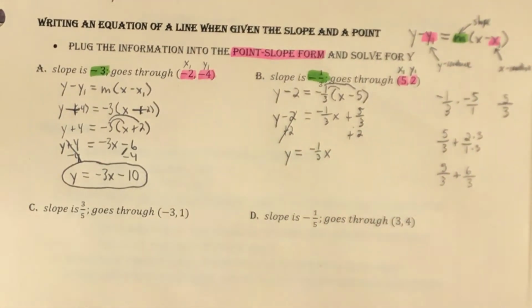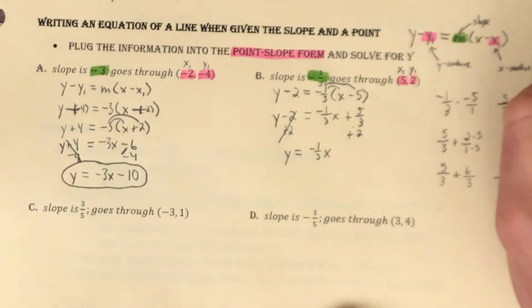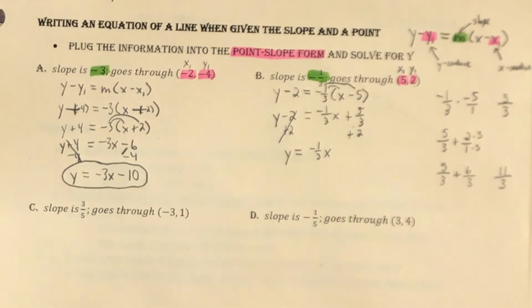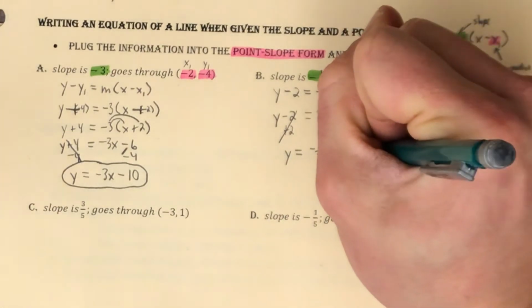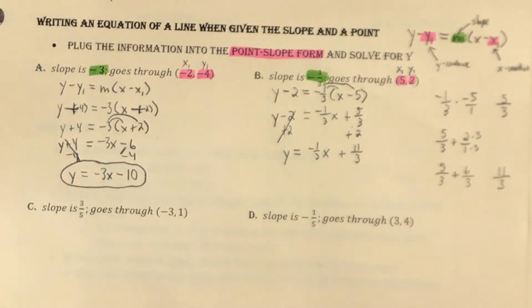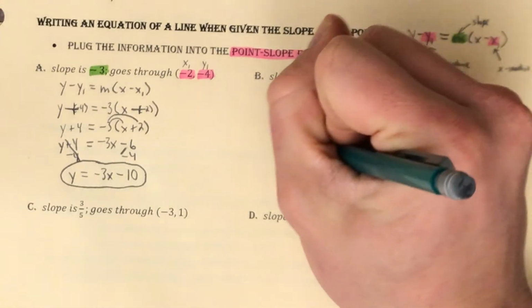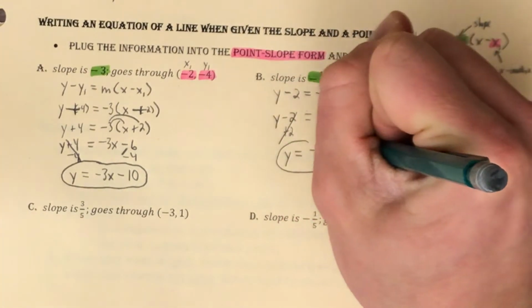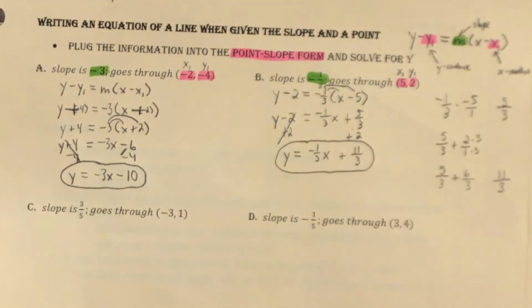Then I can add them. 5 plus 6 is 11, with a denominator of 3. So that ends up as positive 11/3. Which isn't super pretty, but that is the answer to this problem. So final answer, y equals negative 1/3 x plus 11/3.